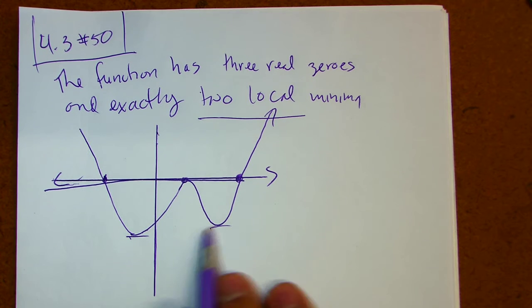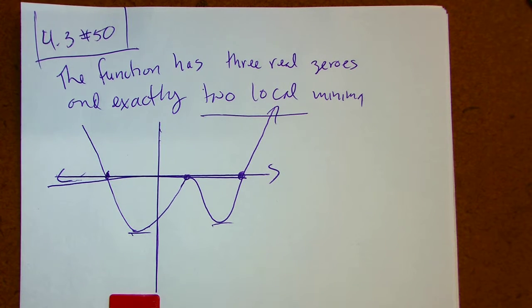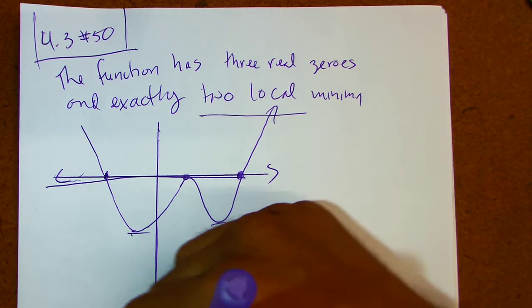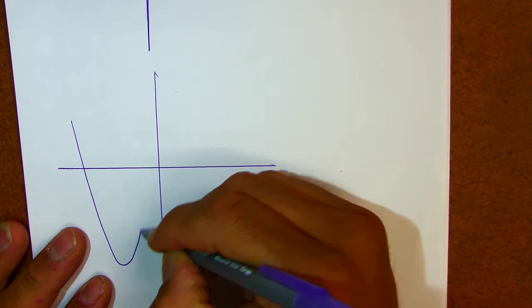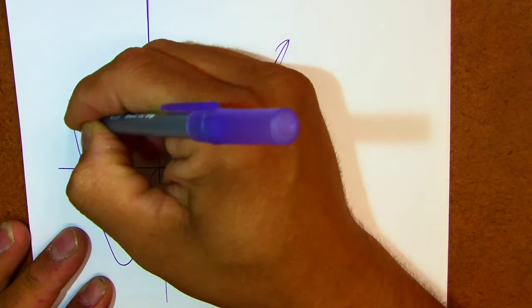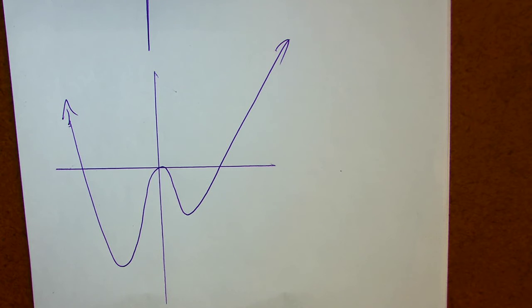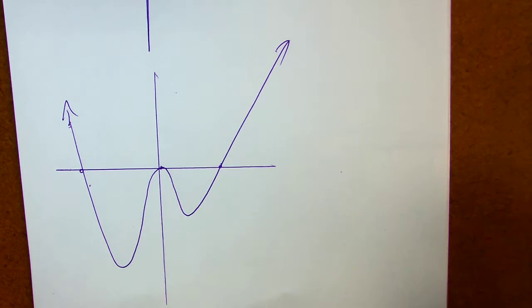All right, and these don't necessarily have to be the exact same. They look like they're the same, but it could do several different things, right? It could maybe do something like that, perhaps, right? And that still satisfies the requirement that it has 3 zeros and only 2 local minima, which it does here.